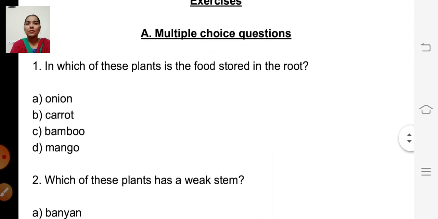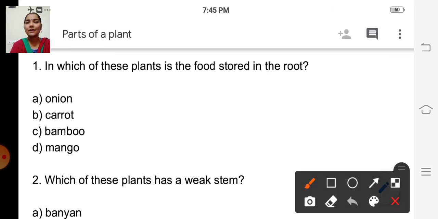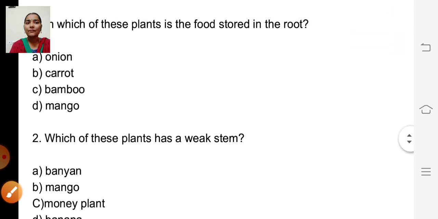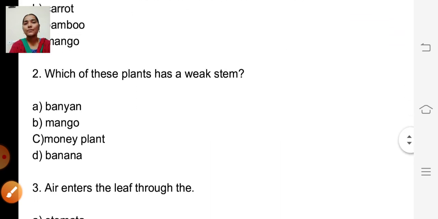First question, in which of these plants is the food stored in the root? Options are onion, carrot, bamboo, mango. So which one is the correct answer? Carrot, isn't it? Carrot stores the food in root.